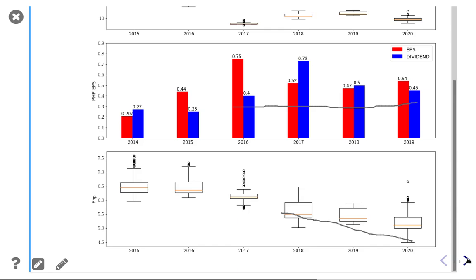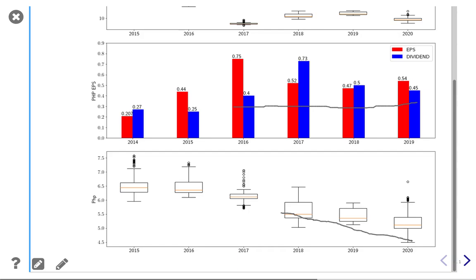In the middle of the graph, you can see that from 2014 to 2019 the company almost gives away its earnings to shareholders. Whatever the company earns, it gives to the shareholders. If you sum up all its earnings and subtract all of its dividends, only about 0.327 centavos per share are left to the company.